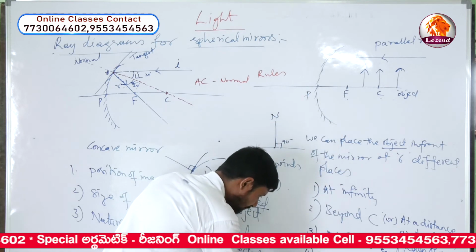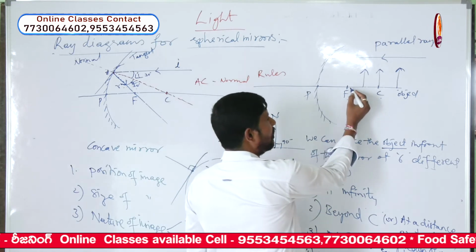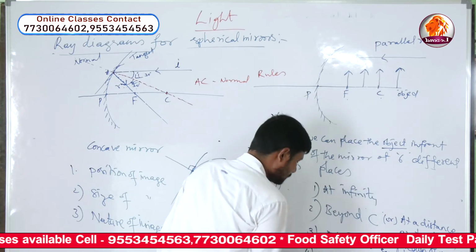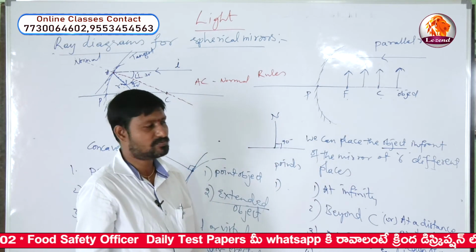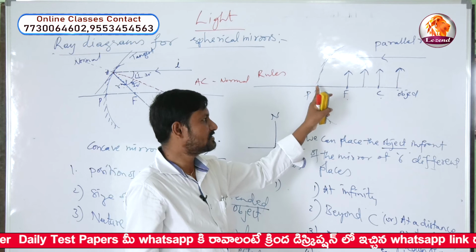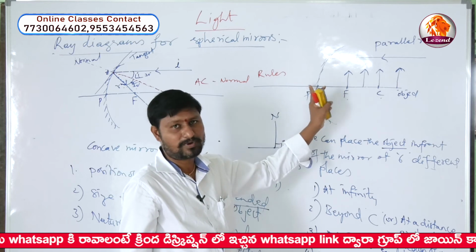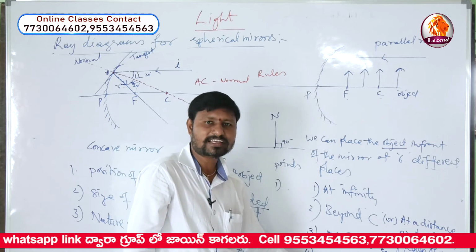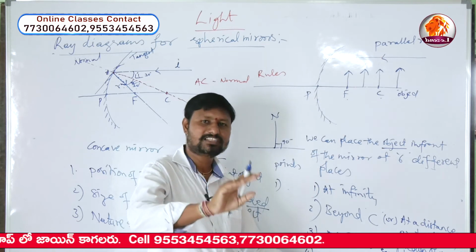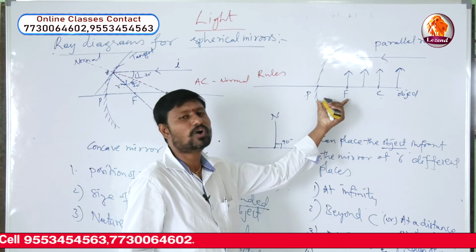And next, number 5, the object is placed on the principal focus, on F. In terms of distance, P to F is called the focal length. So we can also say the object is placed at a distance equal to its focal length.